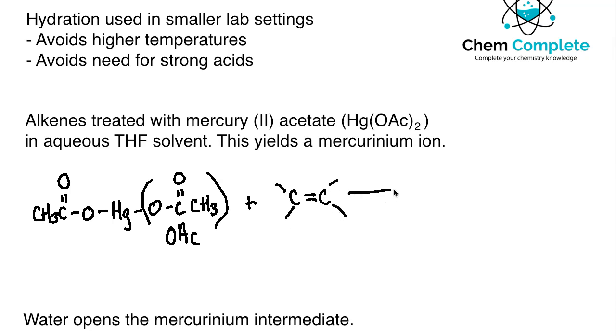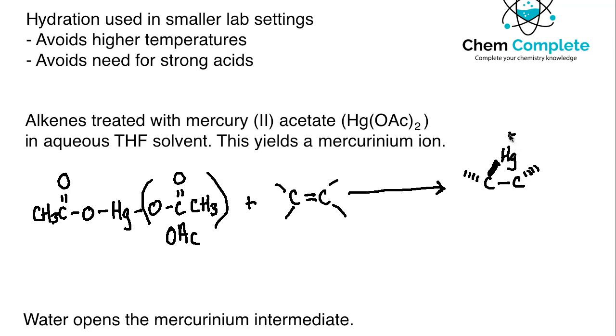So if you put these together in the aqueous tetrahydrofuran, what you're going to end up with is the three-membered intermediate state. The carbon-carbon pi bond has broken apart, and in between here is going to be a mercury ion.